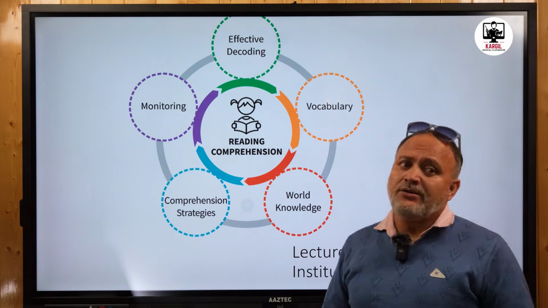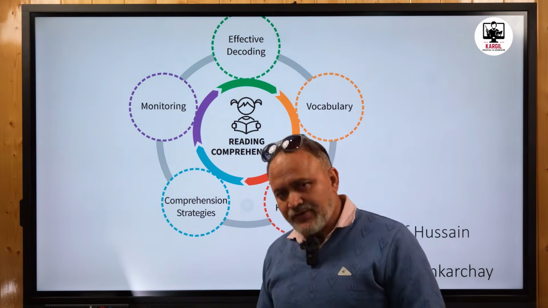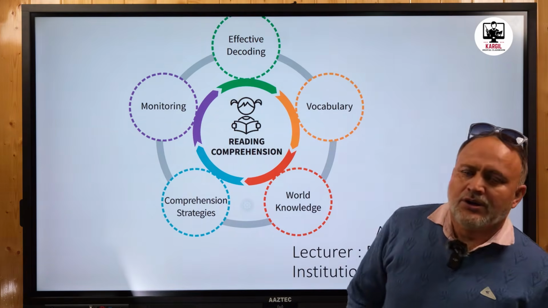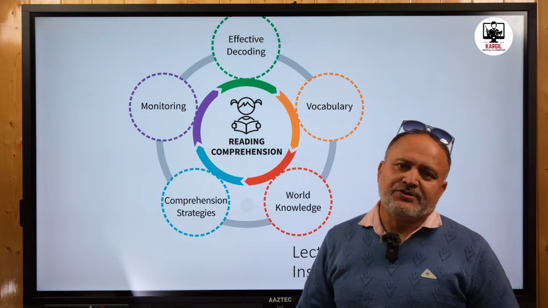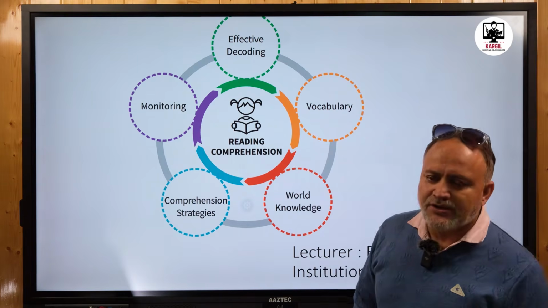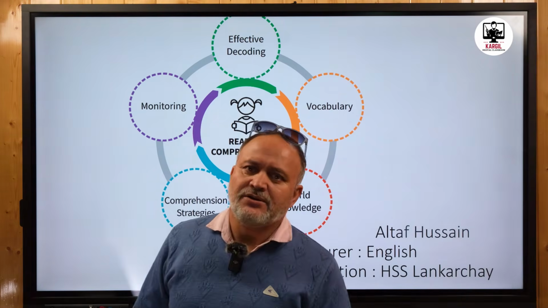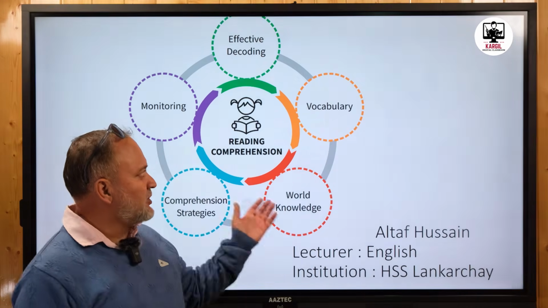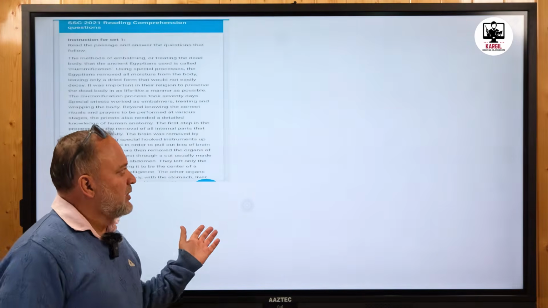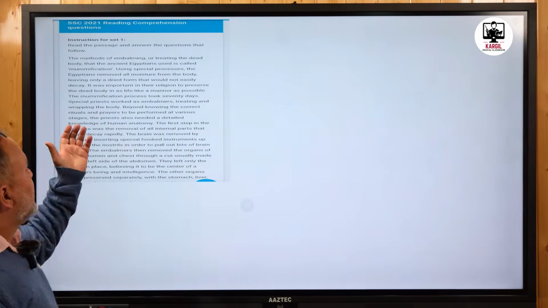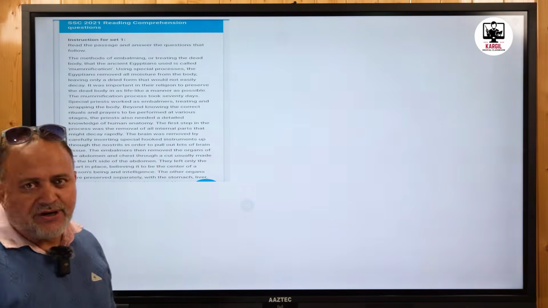And in the long run it has a great benefit if you have orientation on reading comprehension. You might find it in the competitive exams in C2 papers. I will show you one paper here which is reflected in SSC on reading comprehension.